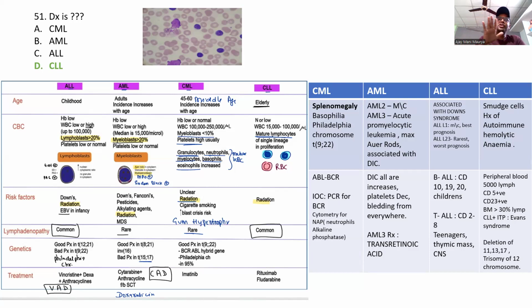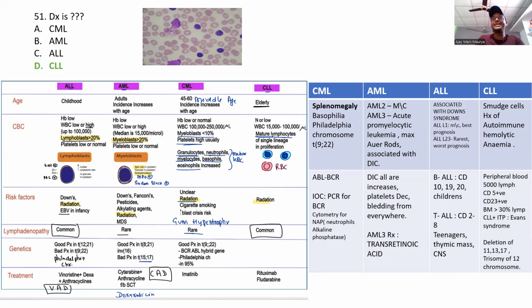No need to remember all the points, guys. Just remember at least one important point from each type of leukemia. For example, in CML, they always give the history of splenomegaly and there is basophilia, and also a chromosome called the Philadelphia chromosome.